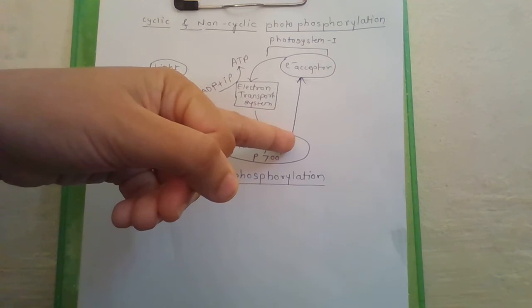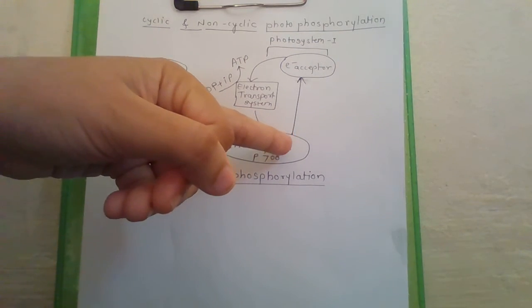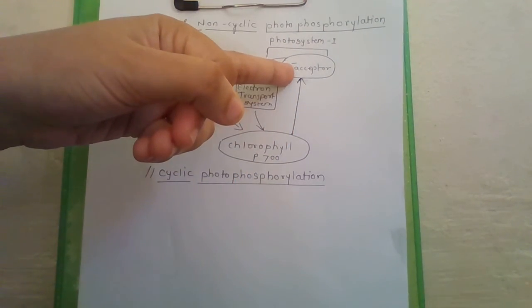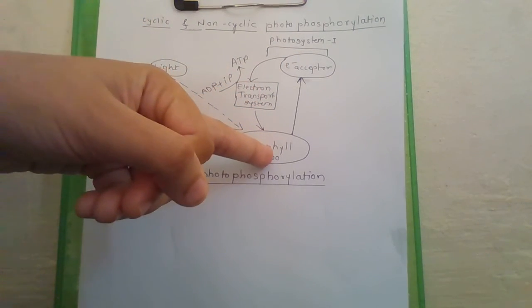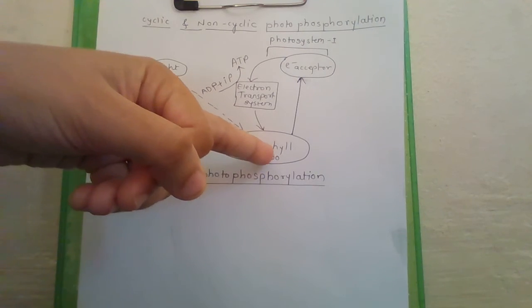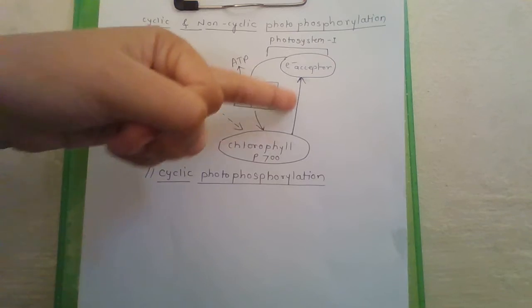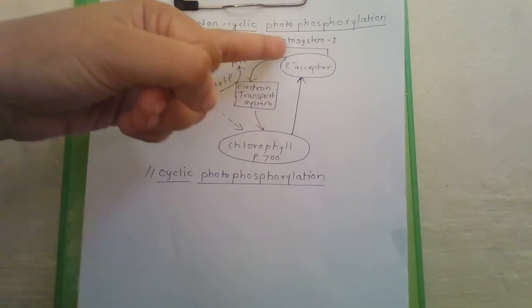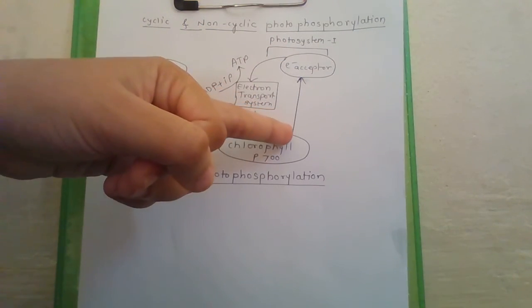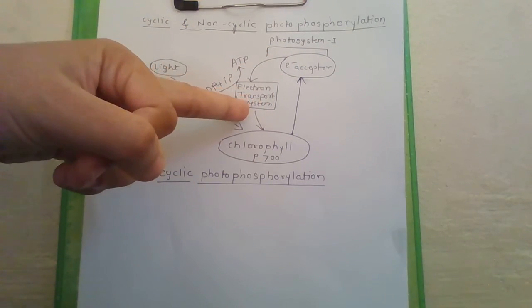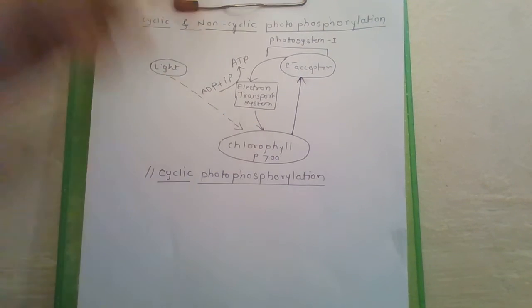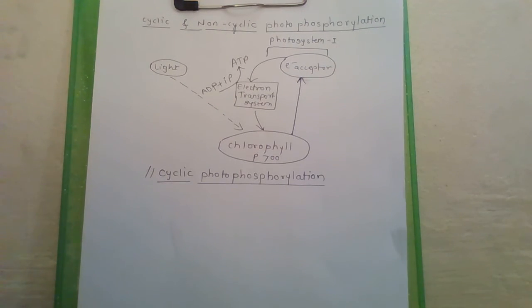Then movement of electrons is carried out from LHC to the electron acceptor to the electron transport system, and again chlorophyll or P700 traps the electrons. So this reaction is carried out in a cyclic manner because the output of this electron acceptor again participates in this reaction. So this is called a cyclic reaction.